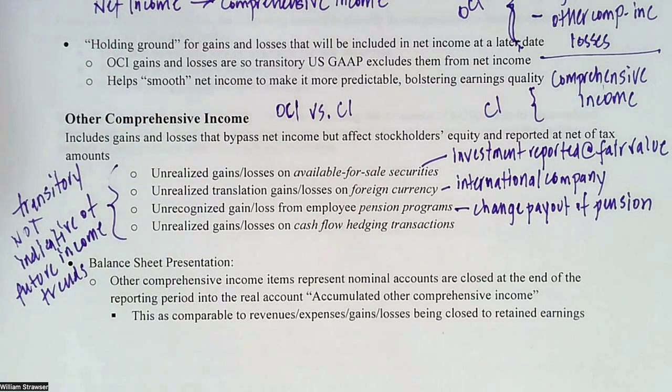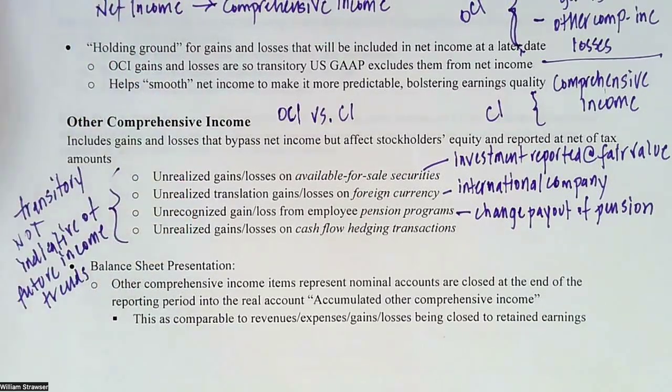Unrecognized gains or losses from employee pensions. Okay, that one really is in the purview of management because they get to decide whether they're going to cut or expand benefits. That's the only one really. And then these unrealized gains or losses on cash flow hedging transactions. I mean, it could speak to how well the company's structuring its hedges, but it is also very much to the whim of the markets in terms of how these things change over time. Also interest rates.